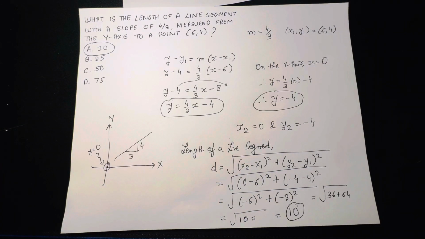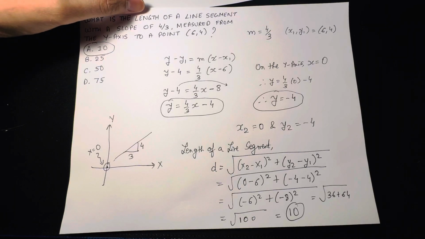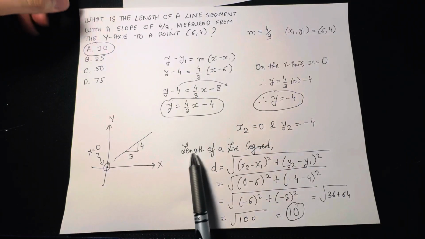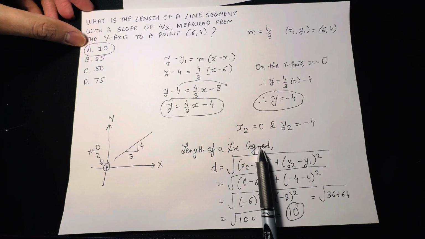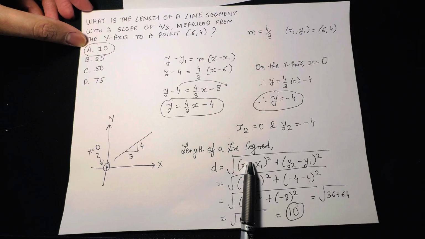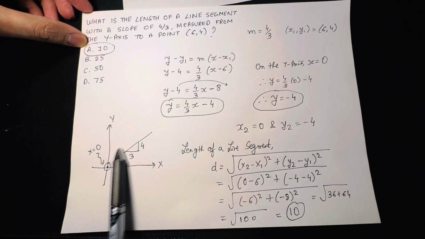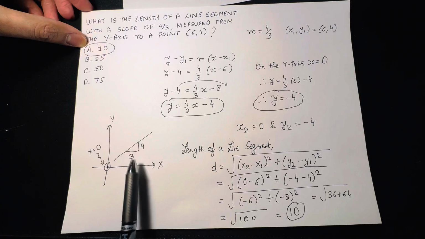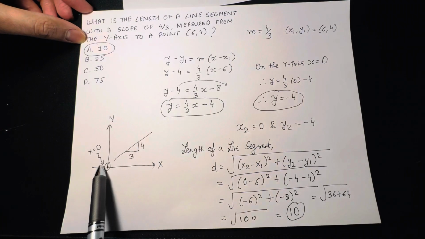Just to recap, the whole question was that you had to find the length of the line segment. This is the formula for the length of a line segment, where the slope is given as 4/3, as we plotted here in the graph, and which is measured from the y-axis.